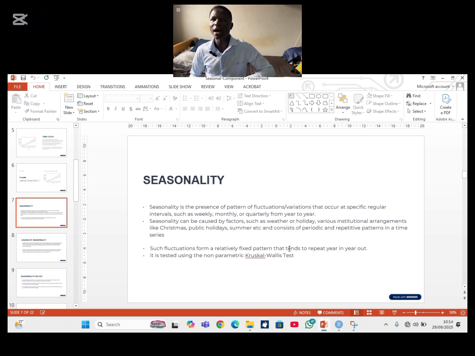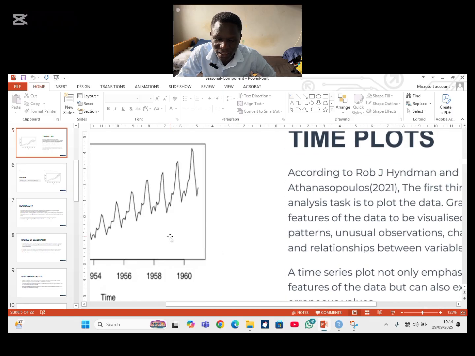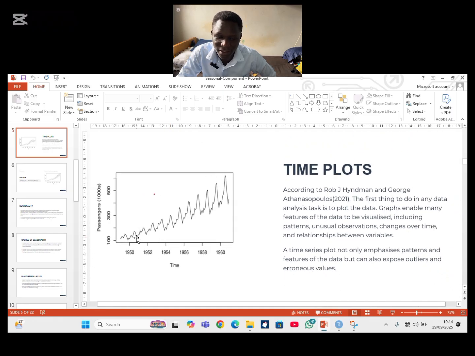Yes. Now, for example, on this graph, you realize that in between these 2 years, 1950 and 1952, there is usually a decrease in the number of passengers. Just to increase it here. Yes. And now, if you have a particular trend, the seasonality factor is the one that will show us how far off this data point is from the actual trend.